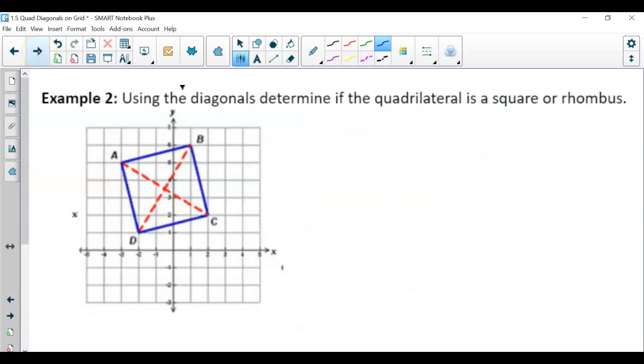Let's do the next example. Here again, focusing on the diagonals, so focusing on AC. Point A is at negative 3, 5, and C is at 2, 2.